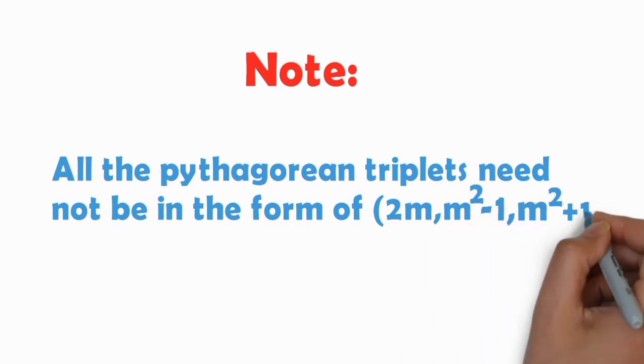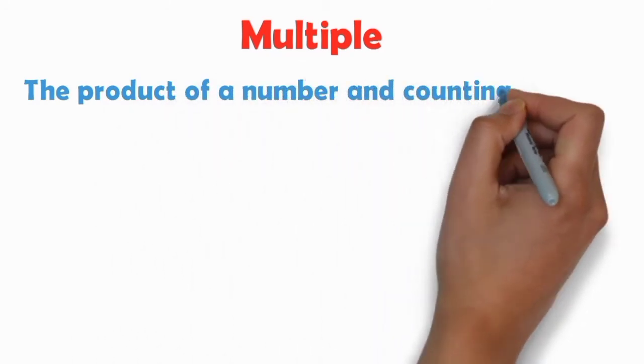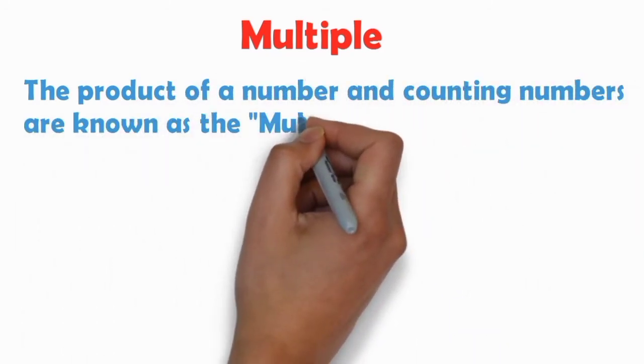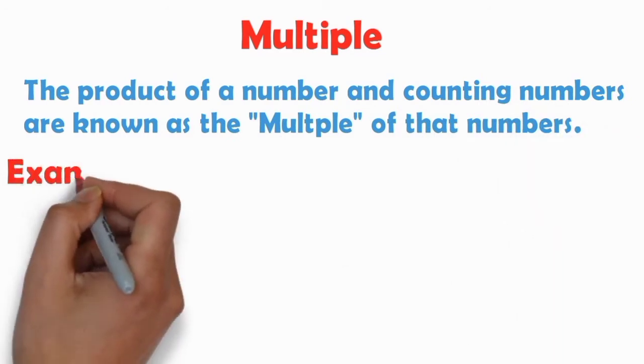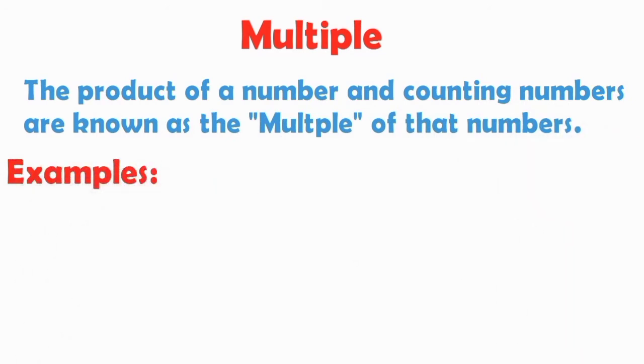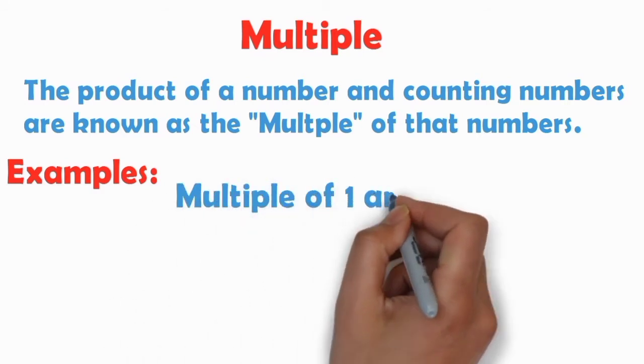In the next definition, we can see the definition of multiple. The product of a number and a counting number is known as a multiple of that number. For example, if we want to write the multiples of 1, we can write 1, 2, 3, 4, 5 and so on.